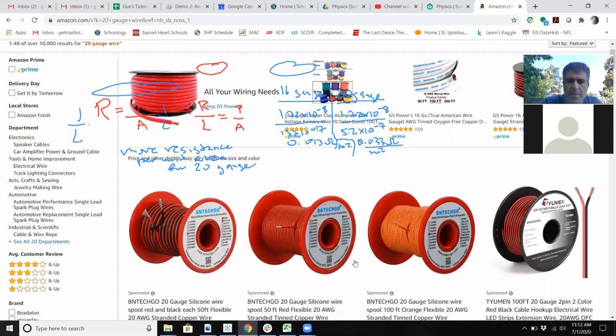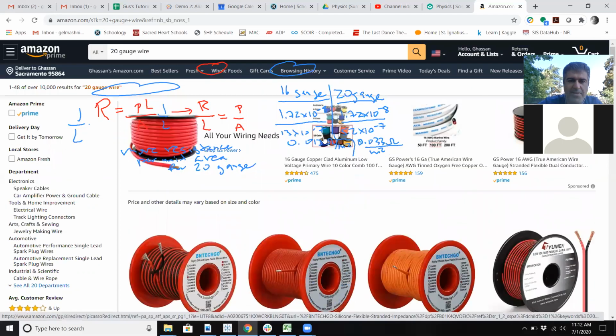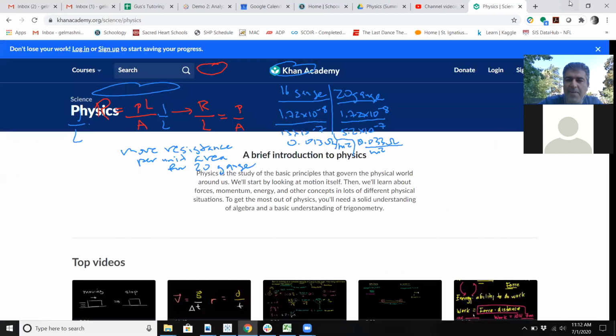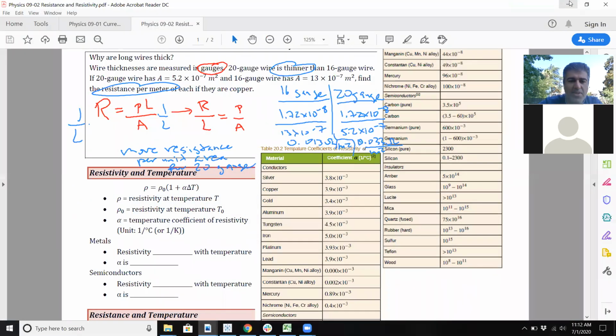I don't know, maybe I'm not sure what I'm talking about here with the prices. Let's not worry about that. But anyway, 16 gauge has less resistance.